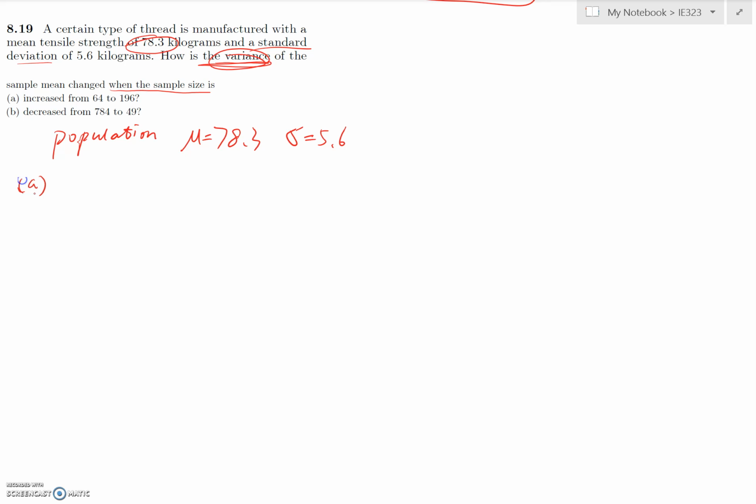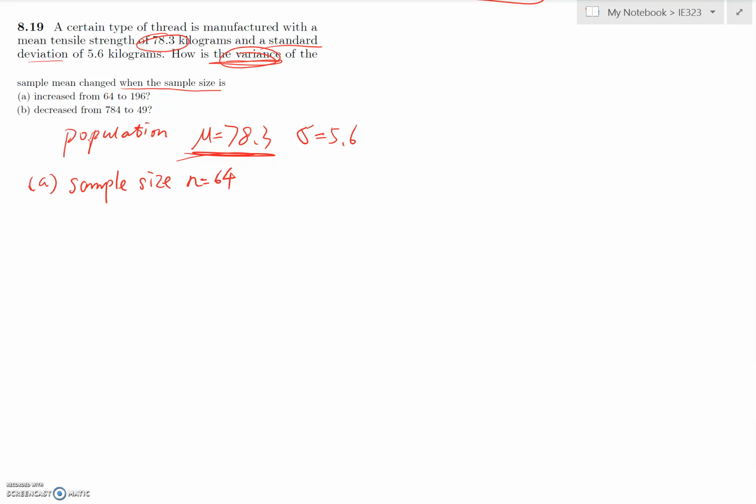For problem A, when the sample size n equals 64, we don't care about the mu, okay? So we need to find sigma x bar squared, the variance. This equals sigma squared divided by n. So it's 5.6 squared divided by 64, which equals 0.49.